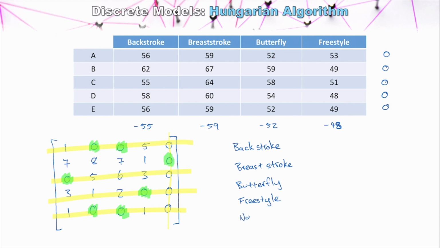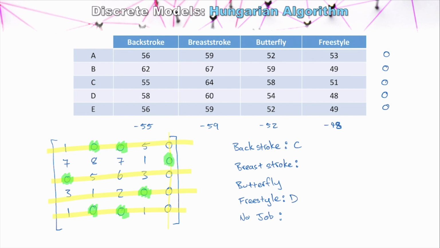And I'll just say no job for the other allocation. We can see that with our backstroke, it's fairly straightforward. We're going to allocate swimmer C to our backstroke. Our breaststroke, it's a little bit more complex, so I'll come back to it. The freestyle is the next one that's the simplest to allocate. So the freestyle we're going to give to swimmer D.